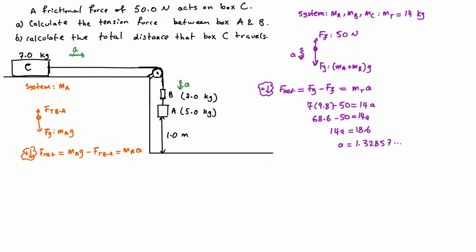Let's plug in some numbers. Mass A is 5, times 9.8, minus the tension force is equal to 5, which is mass A, times its acceleration, which I found to be 1.333. I'll write that, but I'll use the exact value on my calculator.